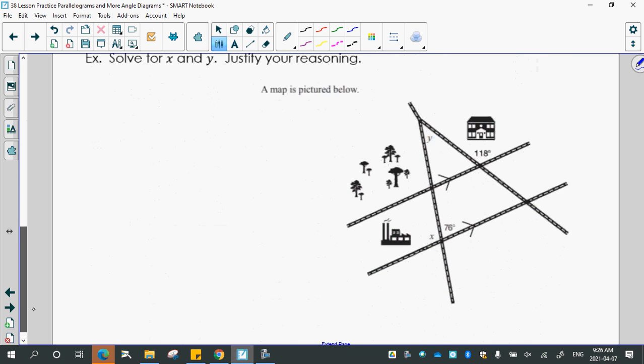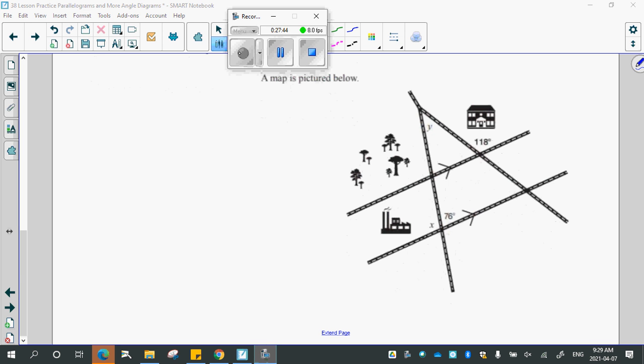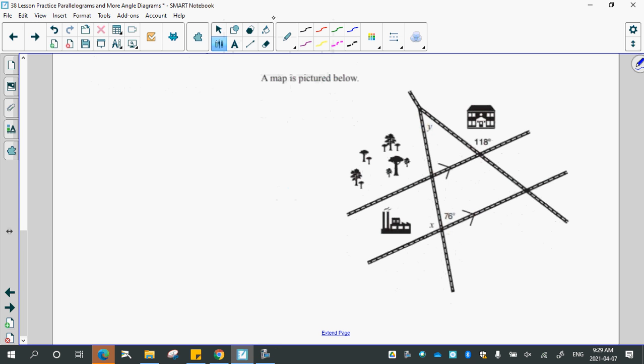And the last one, I'll give you some time to try. So solve for x and y, justify your reasoning. Okay, I saw a ton of people doing this for x, so they did the supplementary angles. So x plus 76 degrees is 180 degrees by the supplementary angle theorem.